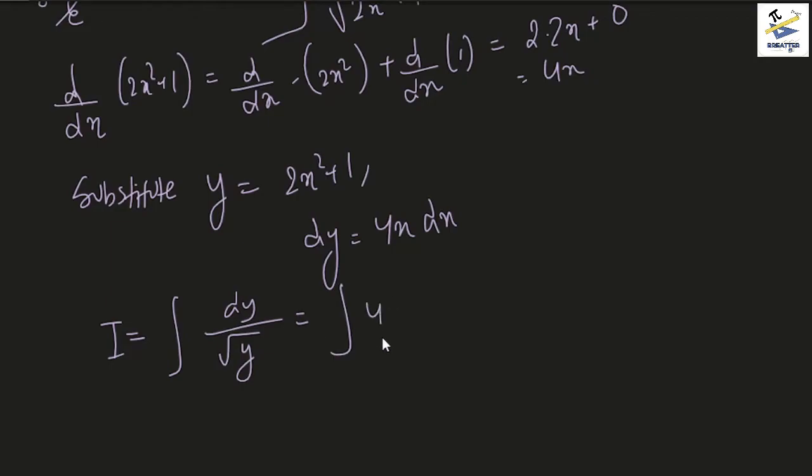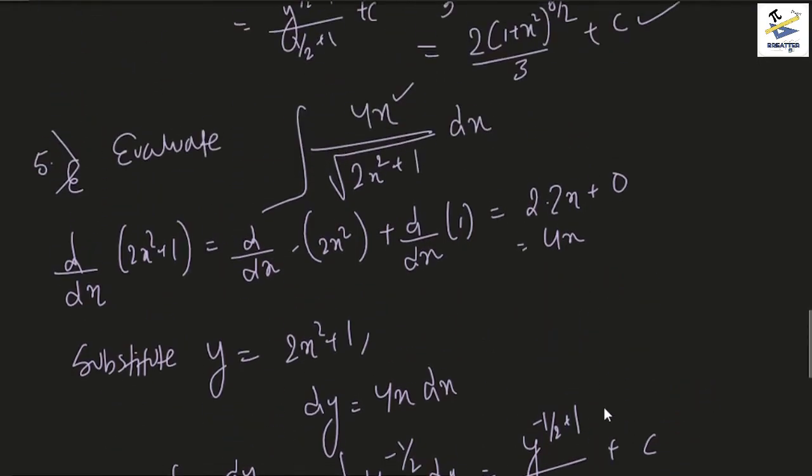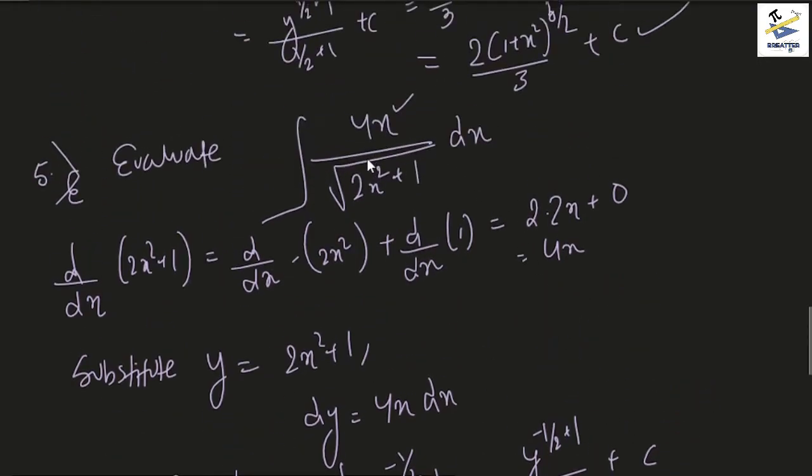But this just means that it's y to the power minus half dy, and using the rule we can write it as y to the power minus half plus 1 by minus half plus 1 plus c, which is basically y to the power half, and this becomes 2 because it's a half in the denominator. And we can substitute back our answer to find it's just 2 into root over 2x square plus 1 plus c.